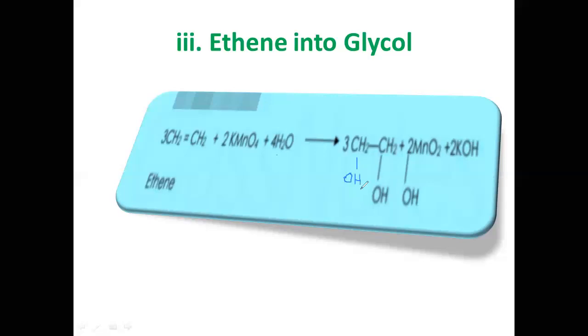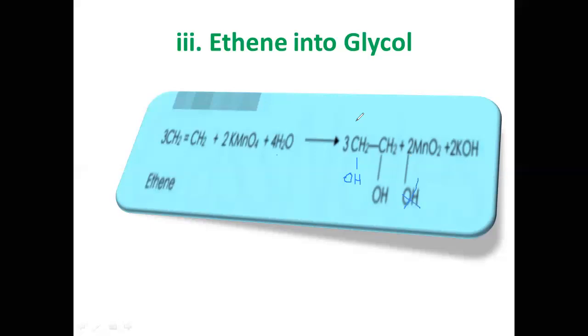One OH group is attached to one carbon atom, and the second OH is attached to the second carbon atom. It will also give us manganese dioxide as a side product, and potassium hydroxide. So this is all about the conversion of ethene into ethylene glycol.